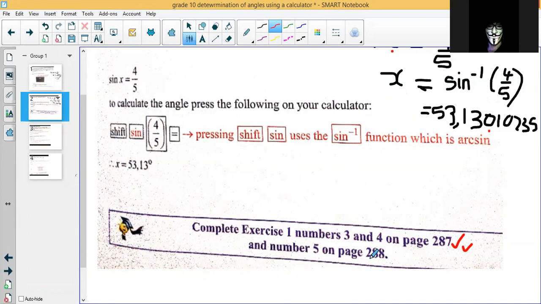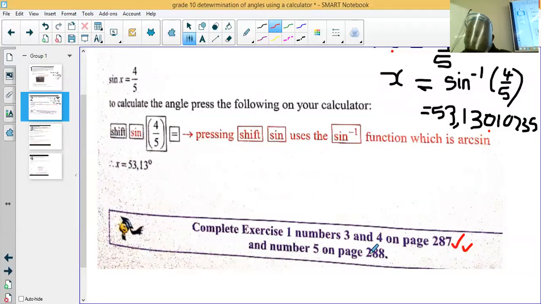So in 10.1, it is exercise 1, number 5, which is on page 288. It is the one that you did not get right, right?